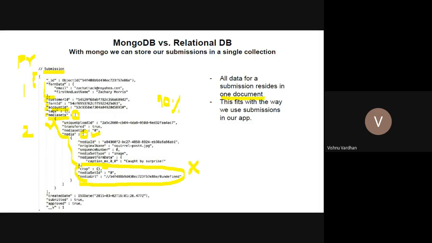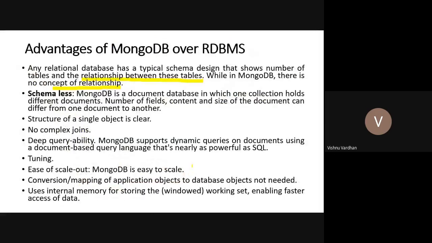So for your particular feature, it is completely allowed. That's why the number of fields, content, and size of the document vary very differently from one document to another document having the same data formats.